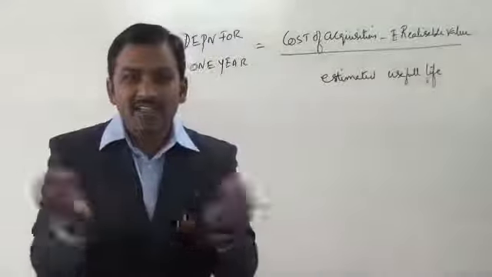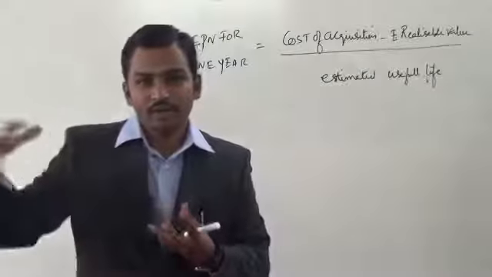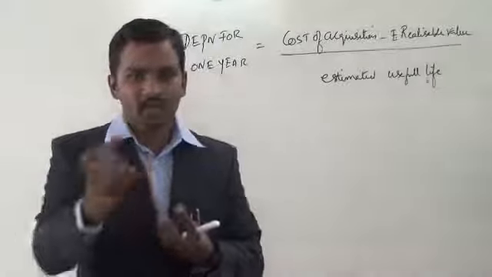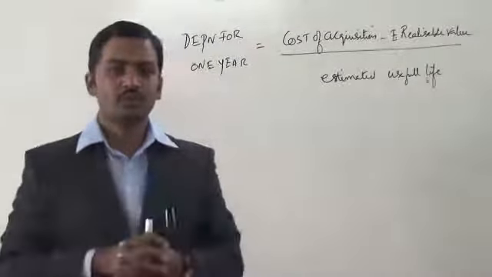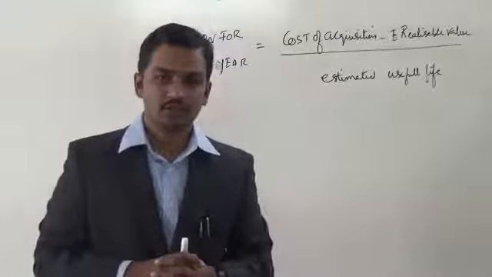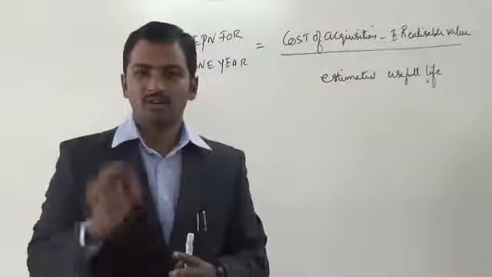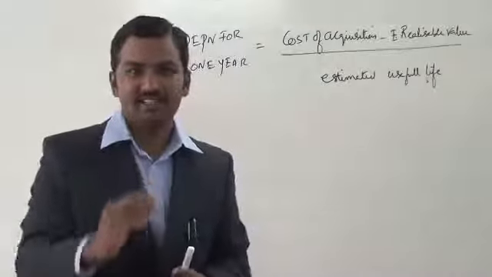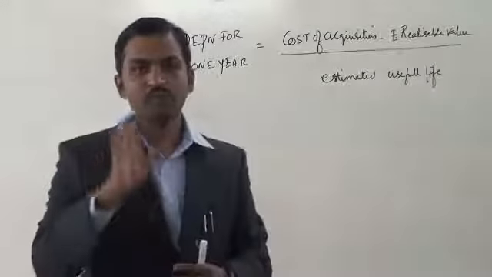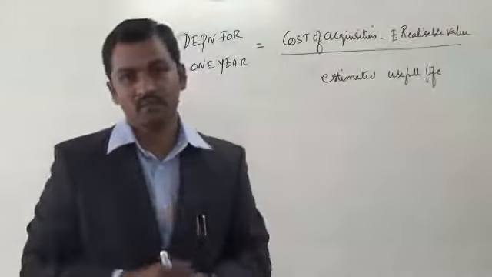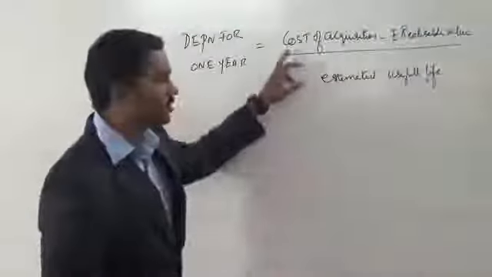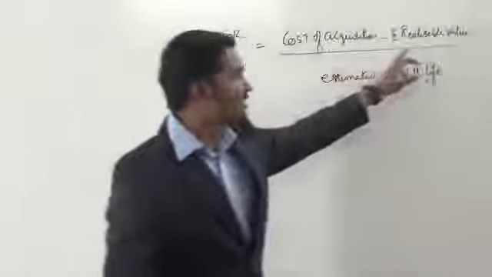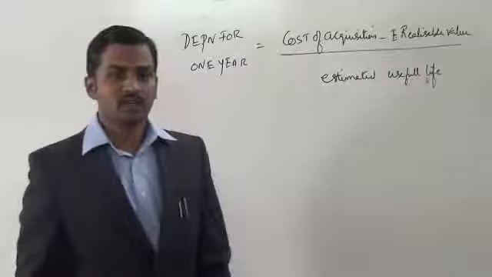We have to give some current, electricity connections. We have to give connections for raw material, output. So we are going to incur some costs, that is called the installation costs. So all costs which have been incurred till the date the asset is put to use should be included in cost of acquisition. So that is the cost of acquisition.